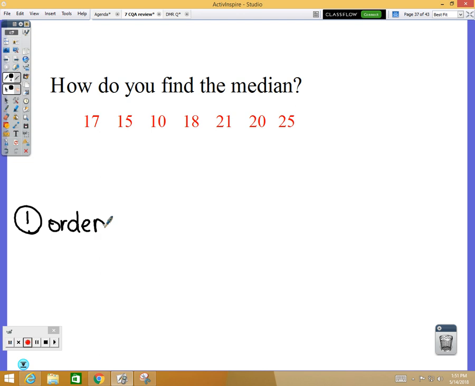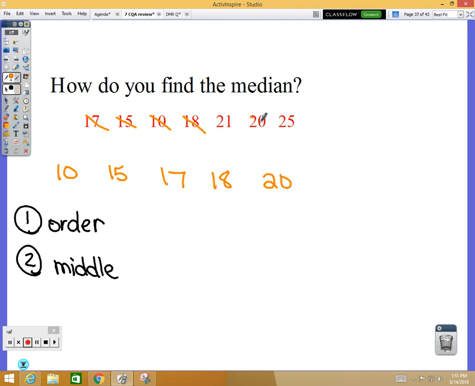Very good. You have to put the numbers in order from least to greatest, and then you are going to find that middle number. So let's do that. Let's put the numbers in order from least to greatest. See, we have a 10, 15, Alright.